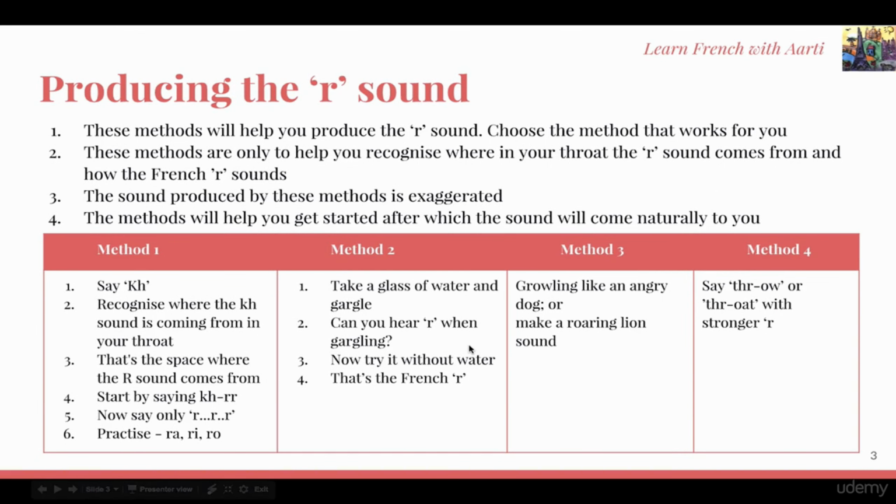You can choose the method that best suits you. These methods will help you produce the R sound. Please be aware that these methods are only to help you recognize where in your throat the R sound comes from and how the French R sounds. The sound produced by these methods is exaggerated.